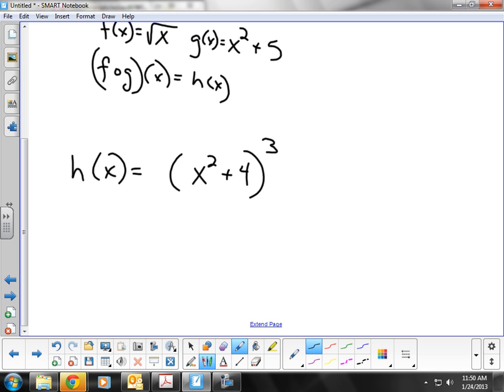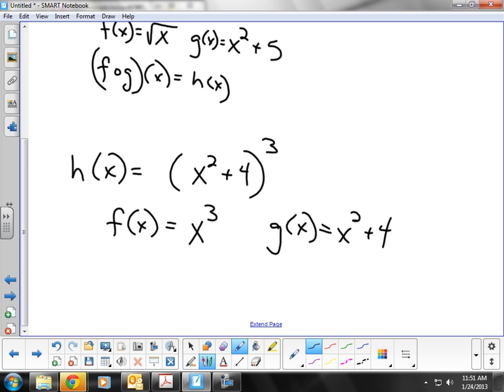Okay? Then this is how I think about it. I'm going to let g of x be the stuff inside the parentheses. And then f of x is going to be where I pulled all that stuff out. It's going to be turned into just an x, and then I'm going to write the rest of the problem down.